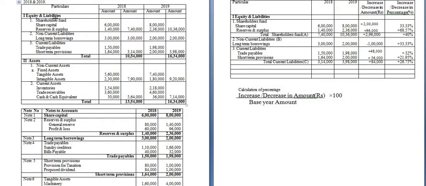Now here you can check, we have taken all the information of the liabilities side, that is equity and liabilities. So the last one is total equity and liabilities.